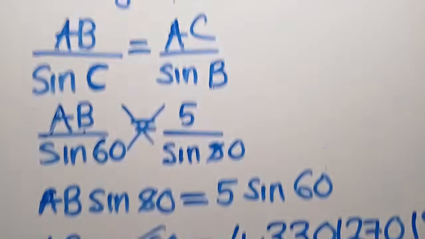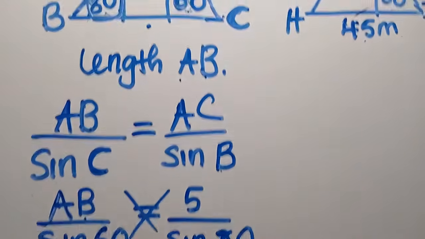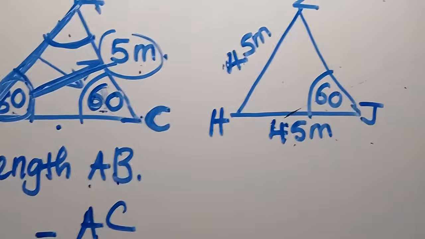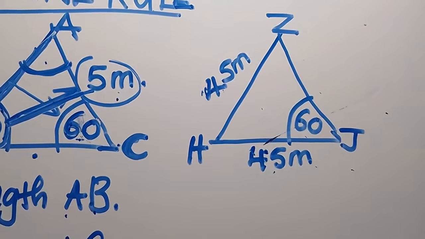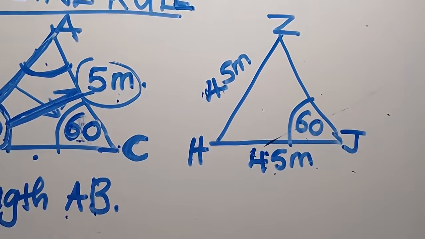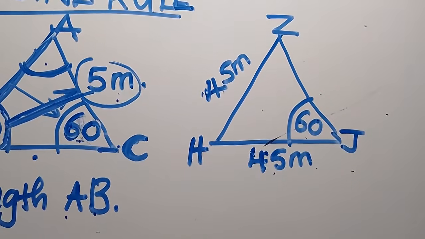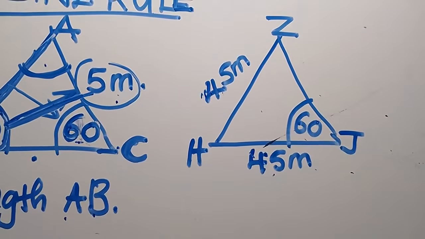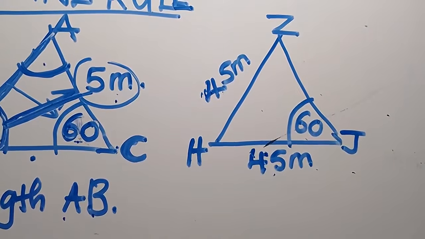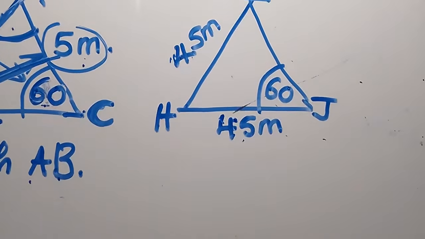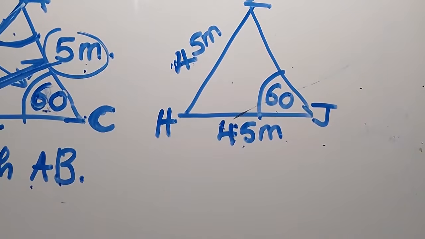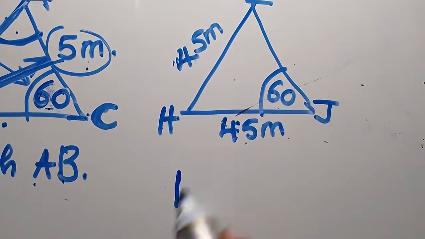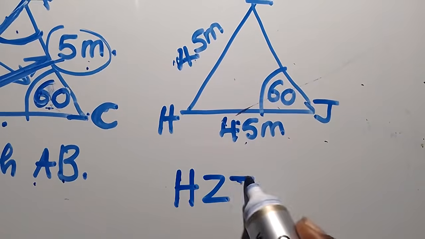Okay, so we move to this other one. So the same methods. Don't forget the concept that we applied under the cosine law. When we were doing the cosine law, don't forget the concept that we did. So even here, you are going to do the same thing. You are told to find the HZJ.